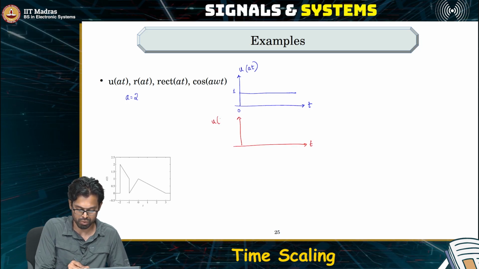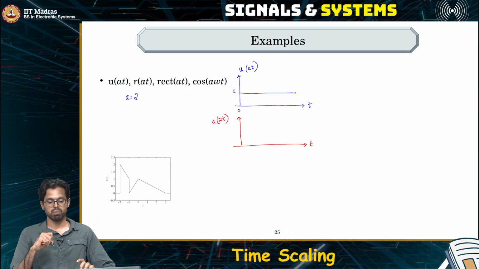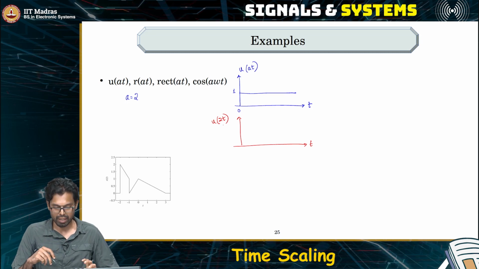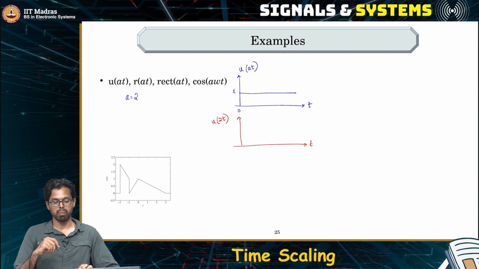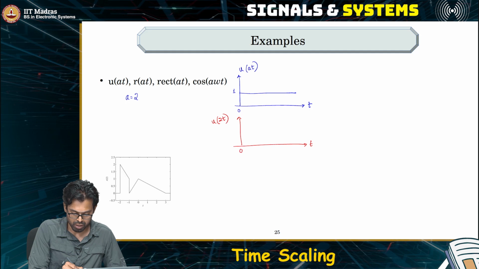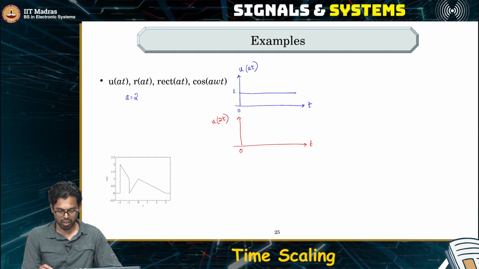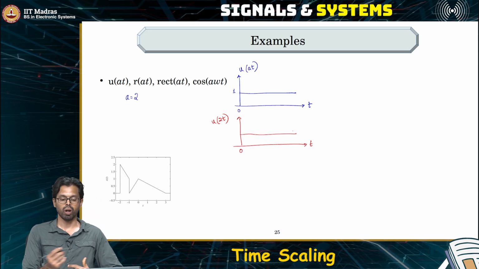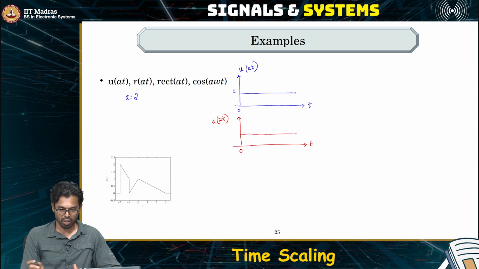Now let us plot u of 2t. So what do you think happens here? Because a is greater than 1, it's going to get compressed. And remember, the compression or expansion is always going to happen about the point 0. So the 0 point comes as such. But this signal extends from 0 to infinity, so it remains identical even when you plot u of 2t, because it's still the same.